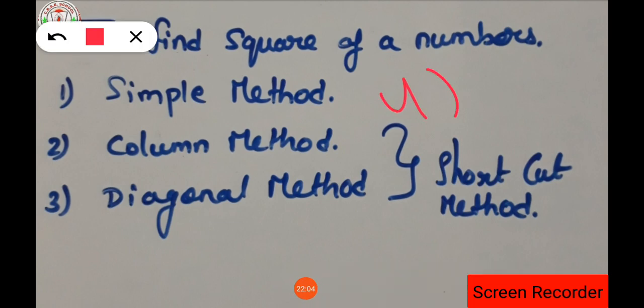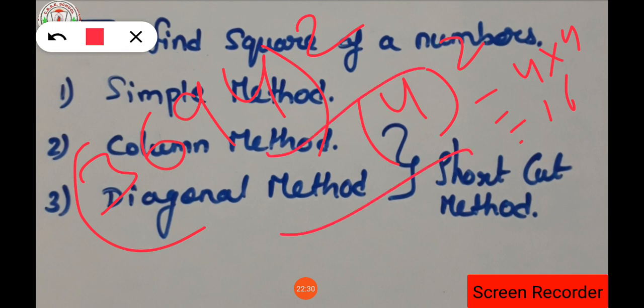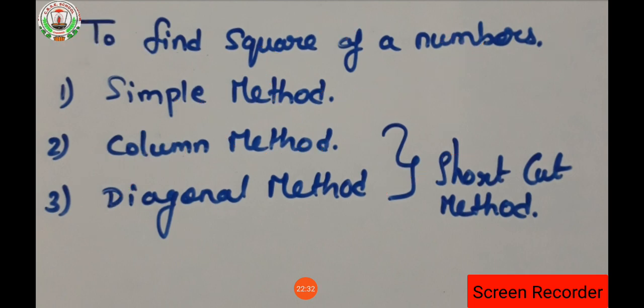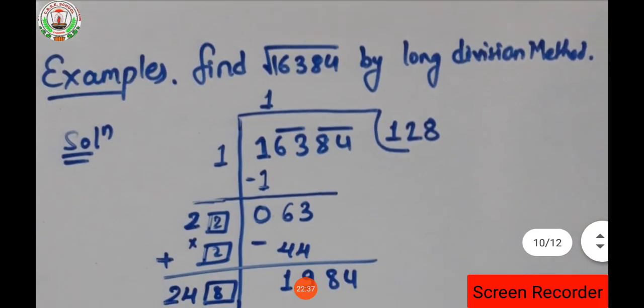For the square of 4 it is very easy, 4 into 4 is 16. But suppose we have a 4-digit, 5-digit or 6-digit number, it is very difficult to multiply twice. For these long numbers we are going to use the column and the diagonal methods. So let's see how to solve the questions with these methods, and then we will start the exercise.